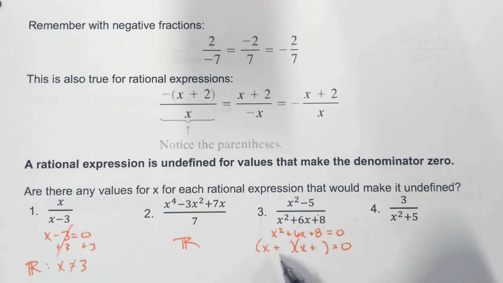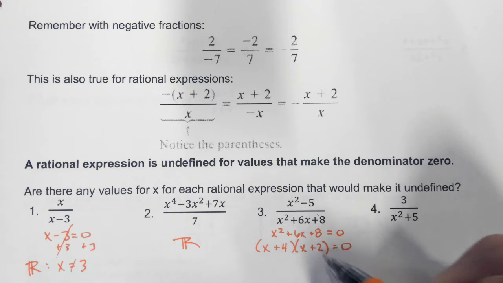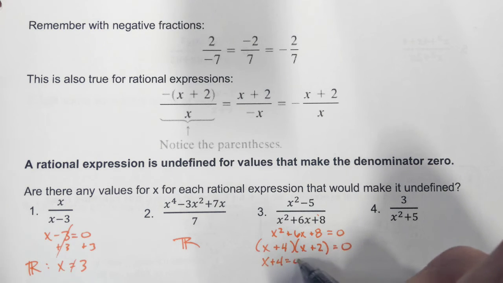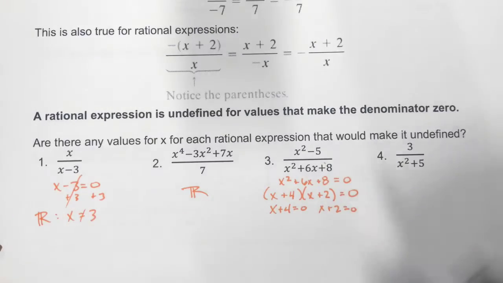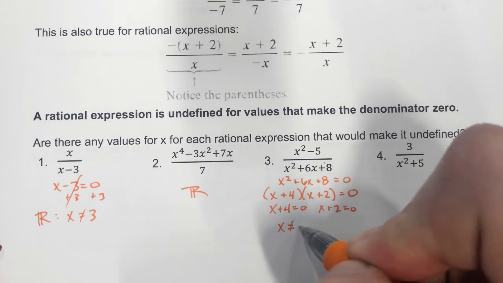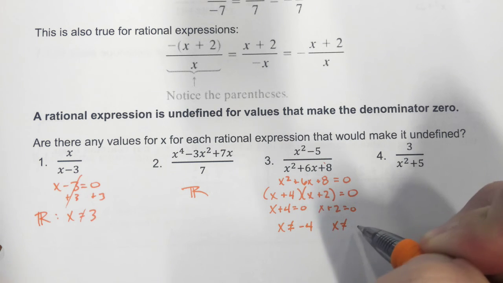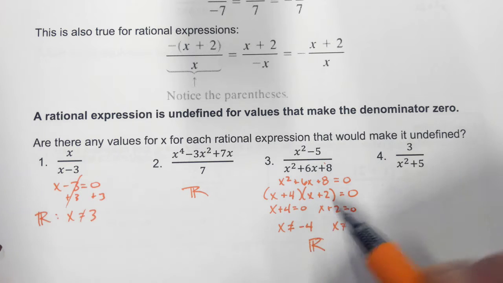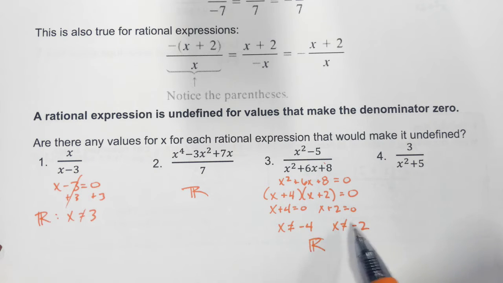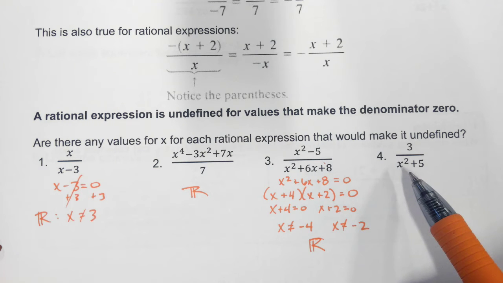What are the factors of 8 that add to 6? 4 times 2, absolutely. Set each factor individually equal to 0. On the first one, x cannot equal -4. On the second one, x cannot equal -2. So x can be all real numbers except -4 and -2.